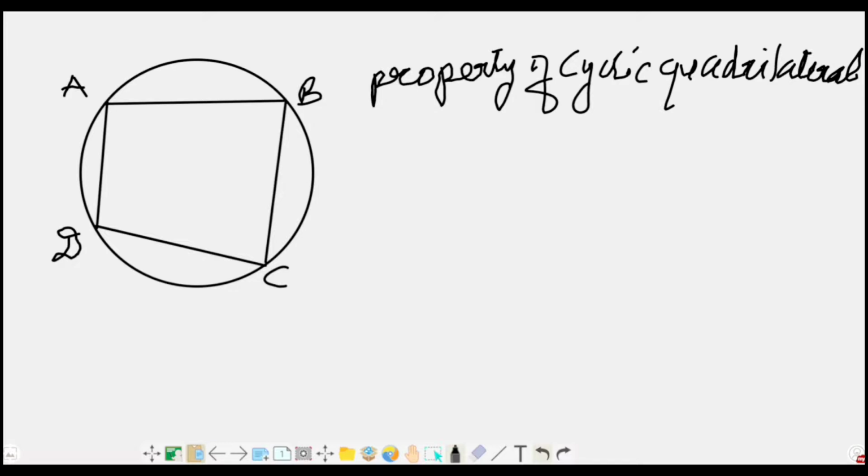What is that property? Just see, A is one of the angles and C is exactly opposite to that angle. So according to this property, opposite angles are supplementary. Supplementary means what, students?